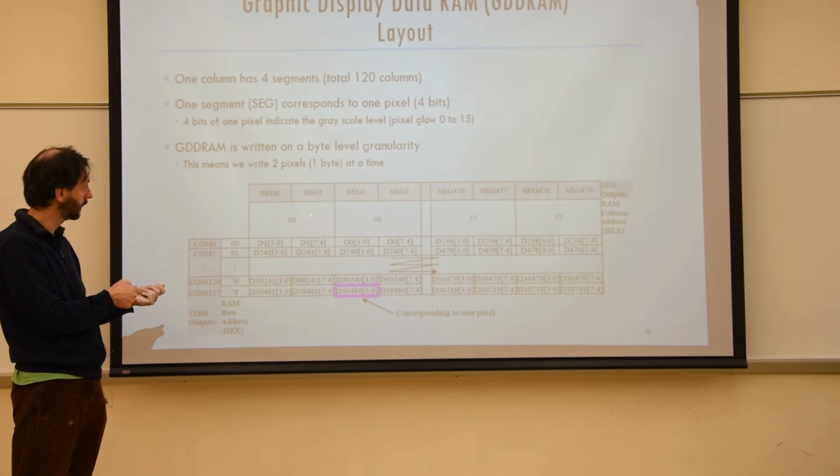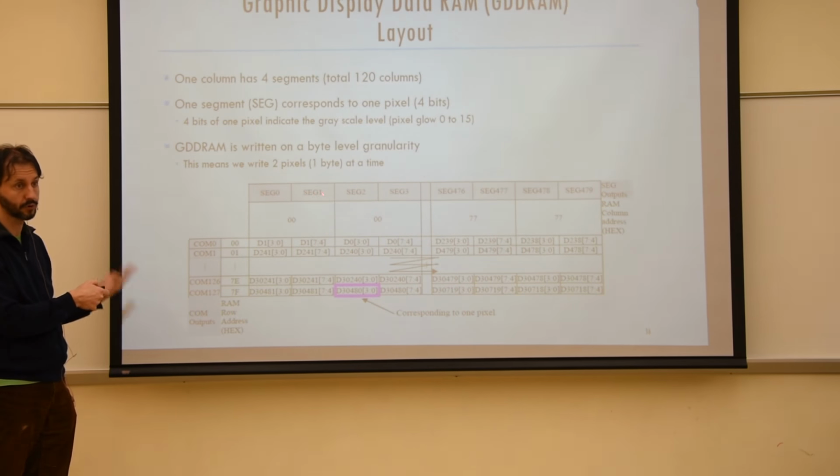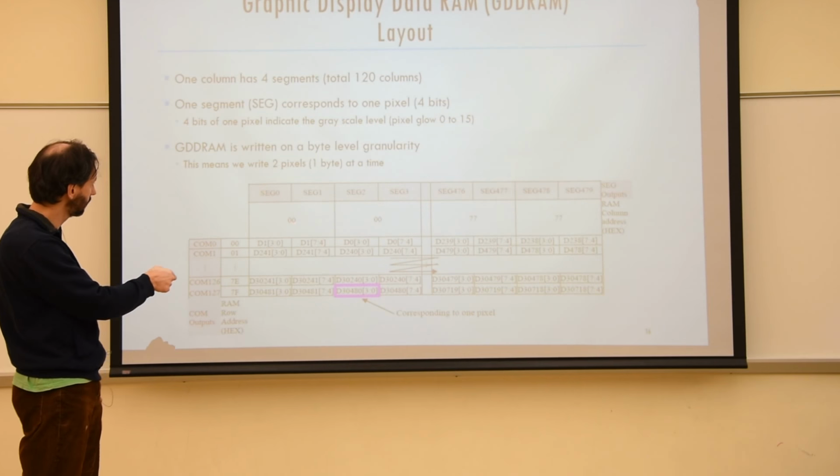In other words, you have 4 segments per column. That's sort of how you can think of it. So that's why we see here 0, 0, and 0, 0.